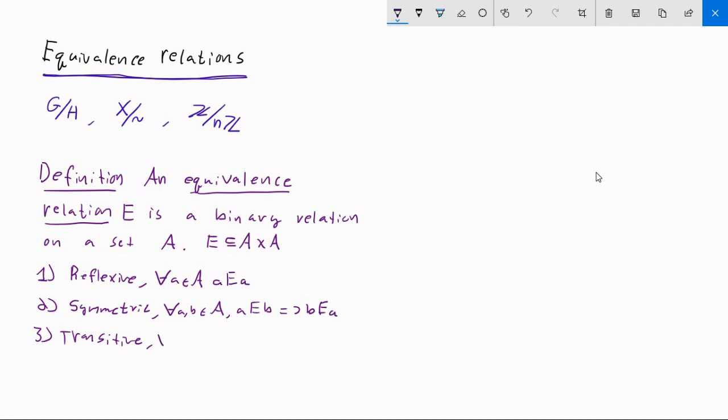And finally, transitivity says that if we have three elements a, b, and c, all belonging to A, then if a is related to b and b is related to c, then it must also be true that a is related to c.